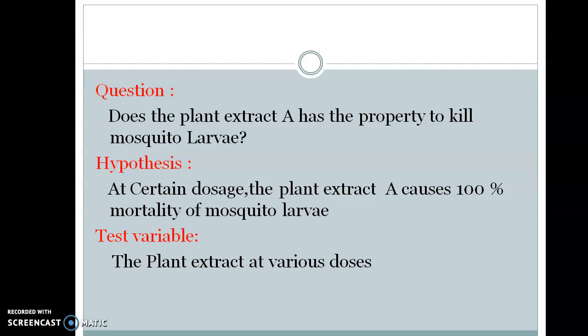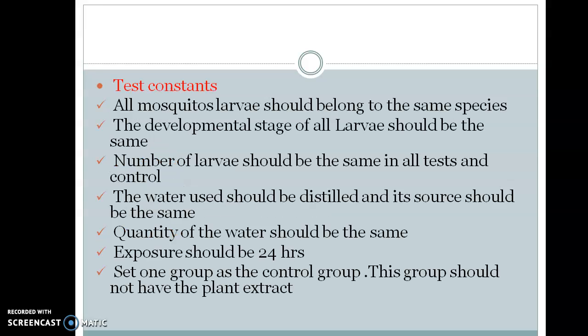Okay, so based upon these two, we are making the hypothesis that at a certain dosage, this plant extract A will cause 100% mortality to the mosquito larvae. So what is the variable here? The plant extract. The plant extract at various doses or concentrations is the variable which is performed in the test sample.